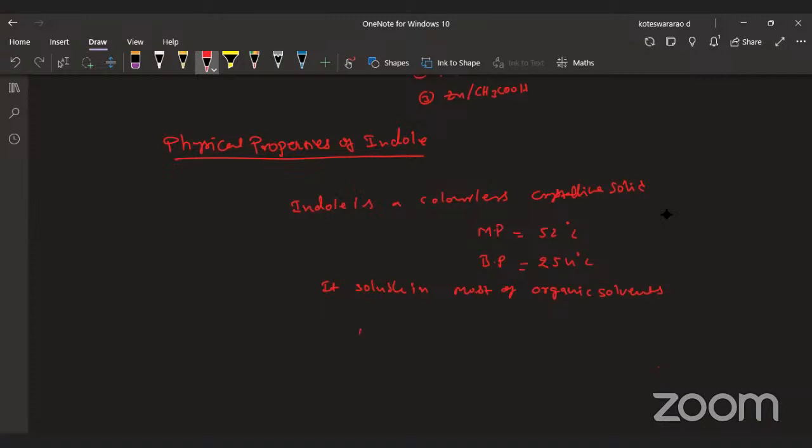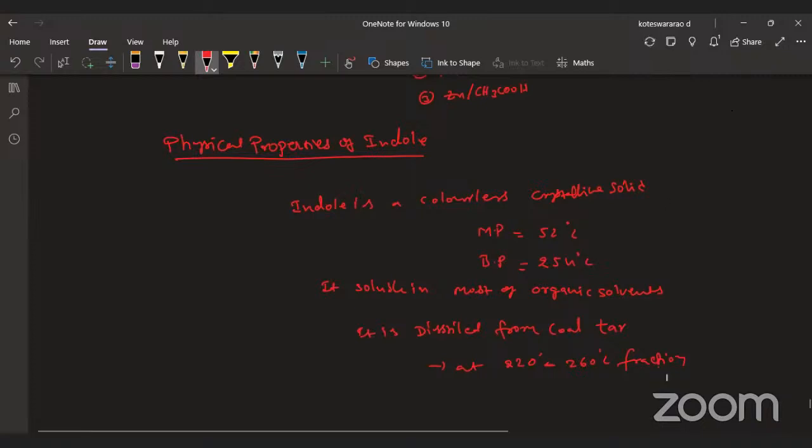It is distilled from coal tar. This will be isolated at the 220 to 260 degrees centigrade fraction.